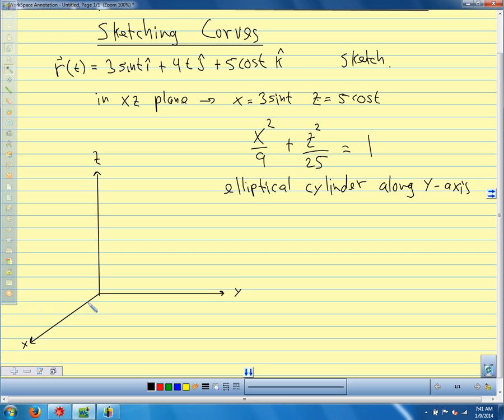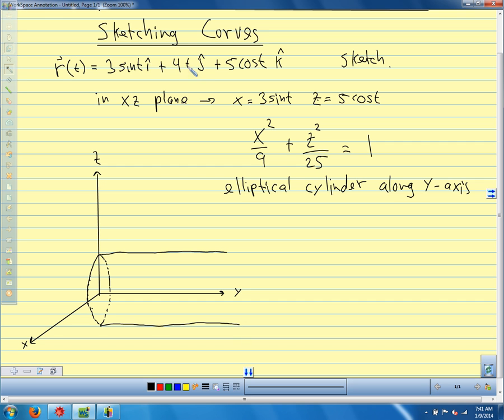So if I sketch this in the xz plane, there's my cylinder. Not a bad cylinder this time. So there's my elliptical cylinder, and my curve is going to lie along the cylinder.